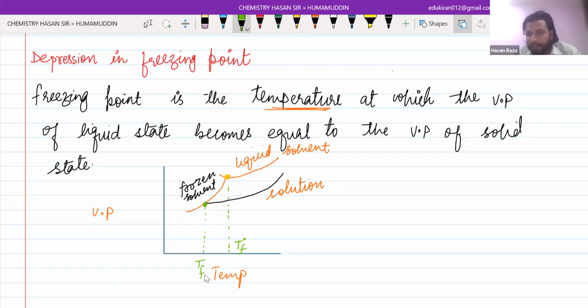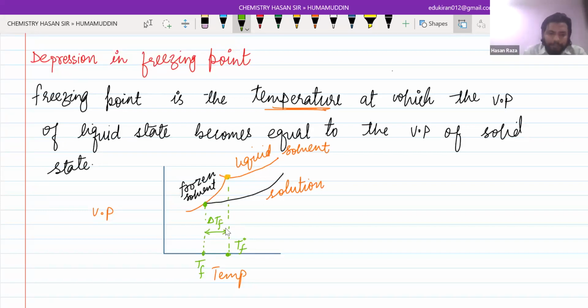What does it mean? When the solvent was pure, the freezing point is this, and when a non-volatile solute is added, the freezing point is this. That shows that when you add a non-volatile solute, there will be a decrement in the freezing point of the solution, and this difference is known as delta TF, as we had delta TB in elevation in boiling point.